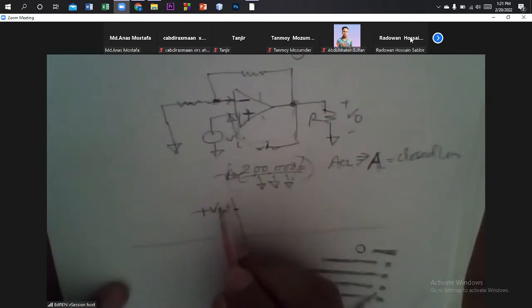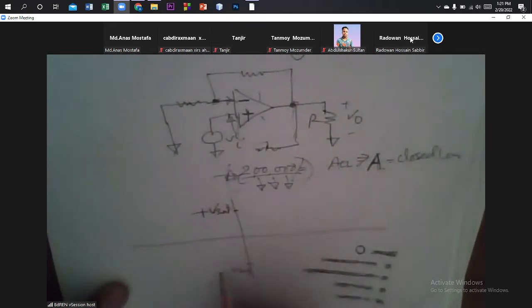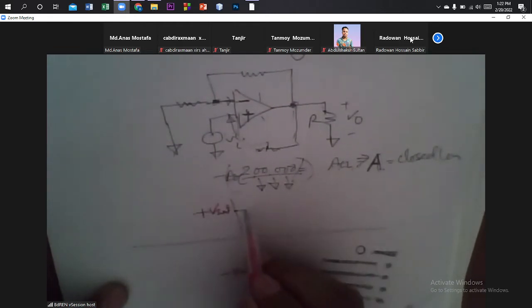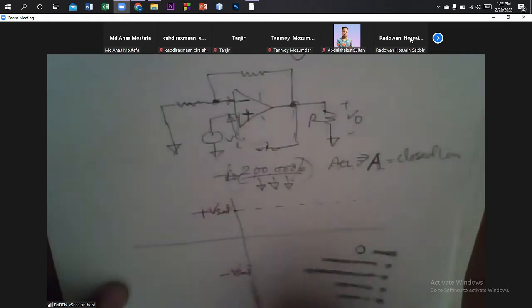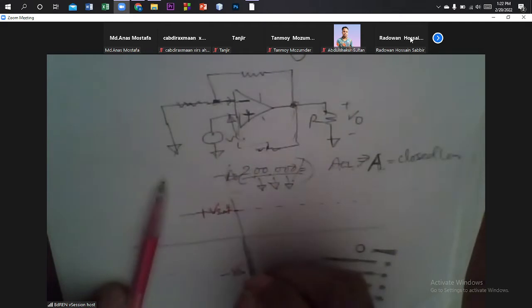Plus V set, minus V set. And this is for open loop, okay? Open loop will be like this, all set. For open loop like this, but for closed loop it will be like this.